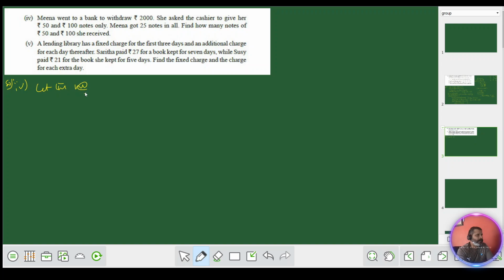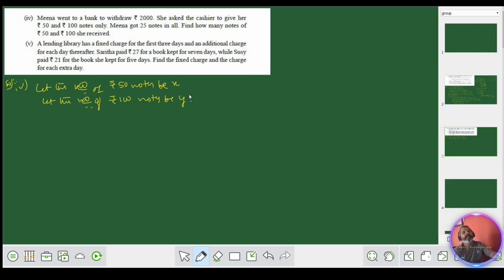Let the number of 50 rupees notes be x. Let the number of 100 rupees notes be y. Okay.